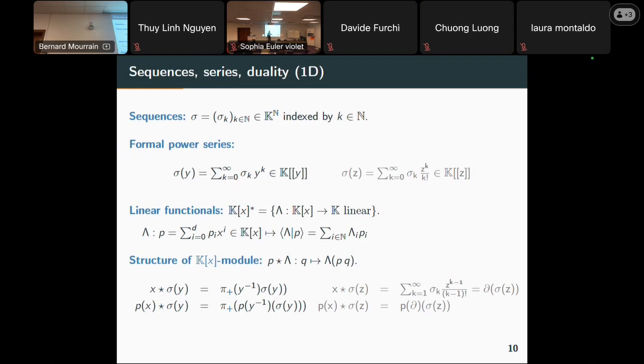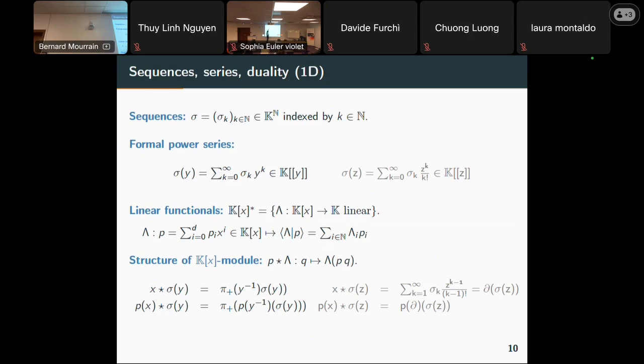Yes. So what you do is P of x, you replace the variable x by the derivation with respect to z. And you multiply this polynomial derivation. How do you choose z? Is the variable that we use. But Bernard, it's not X, it's Z, right? I'm confused. So our series are in variables y or z. X is the element in the primal.